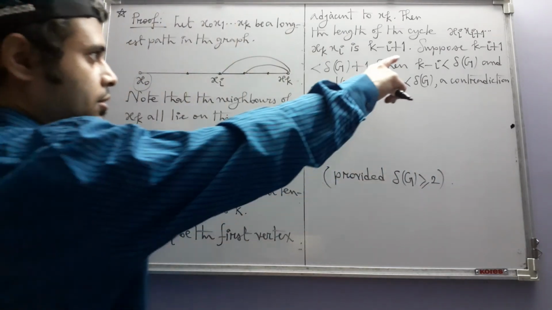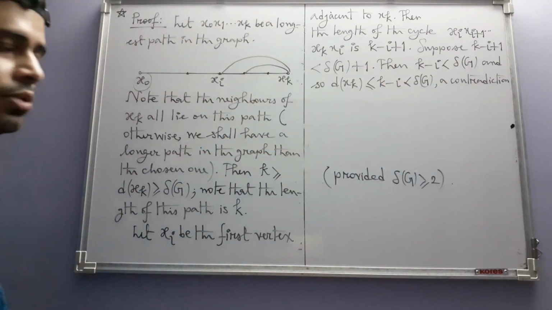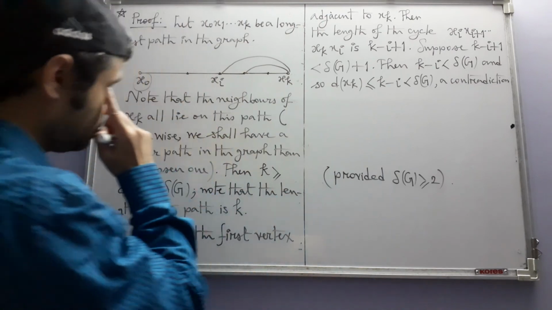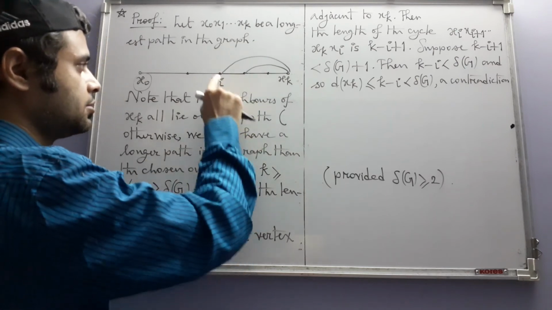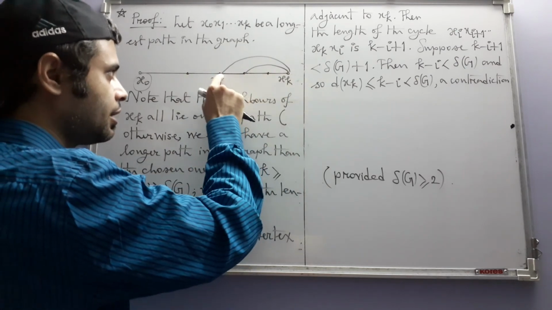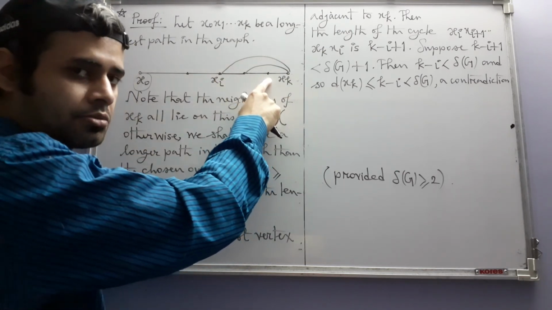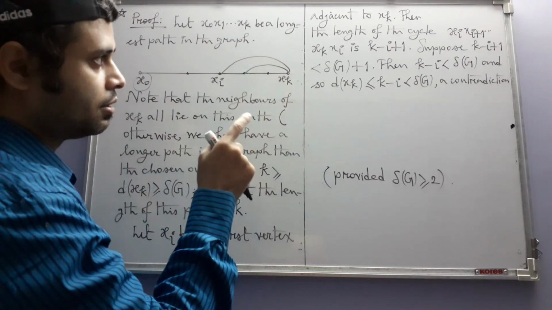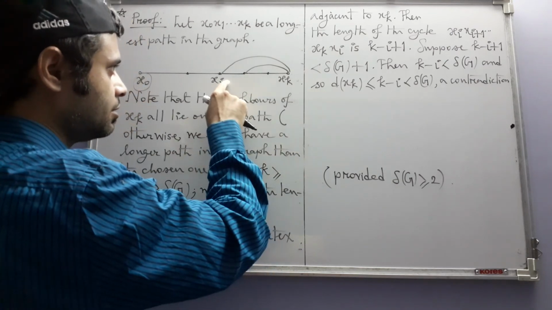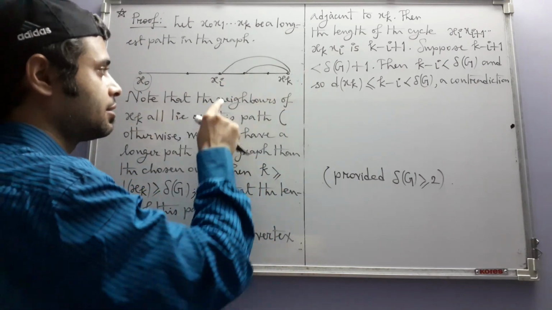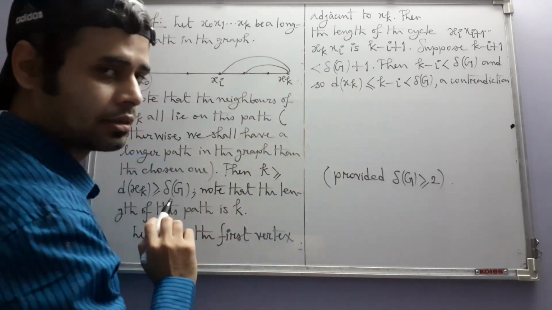Our supposition of course directly implies this. You can cancel 1 from both sides, but now look at this. Because of the nature of things, the neighbors of xk are confined in this part only, between xi and xk minus 1. Now if k minus i becomes less than delta g, how many vertices are there between xi and xk excluding xk? k minus i.